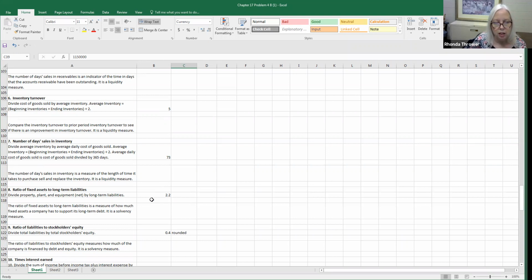liabilities. And this measure tells you if you have enough fixed assets to support your long-term debt, and it's considered to be a solvency measure. And solvency, again, is the ability to pay back long-term debt.